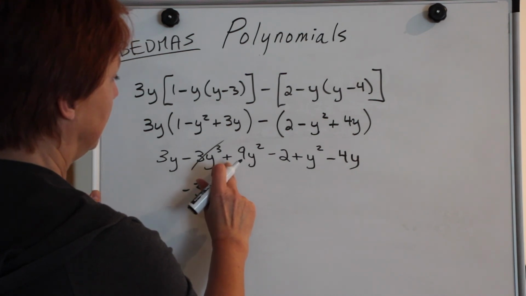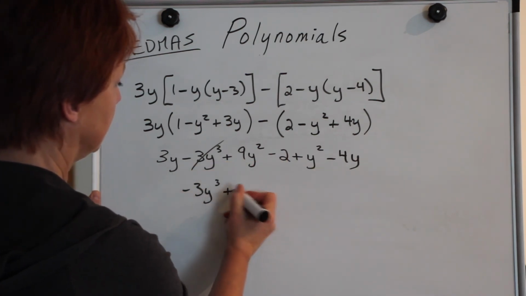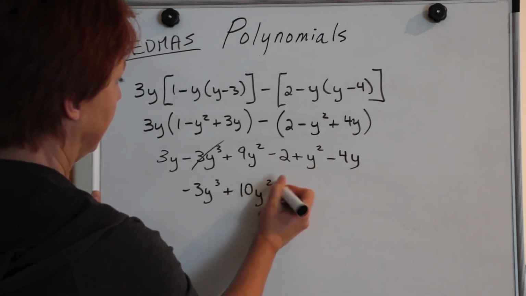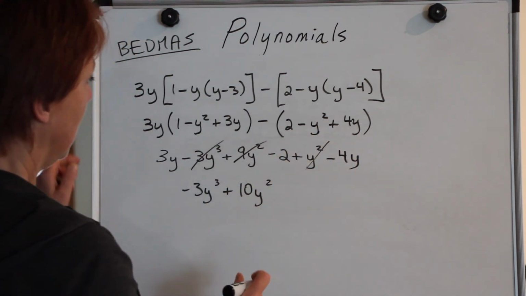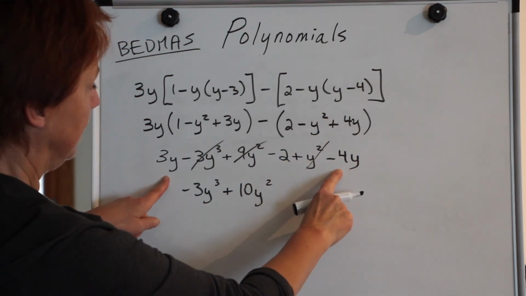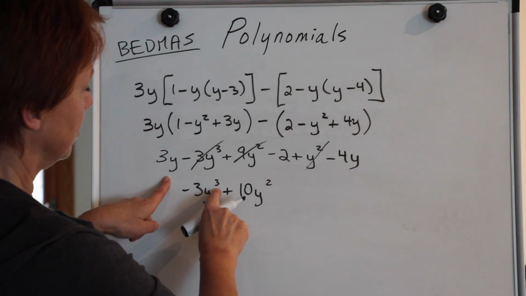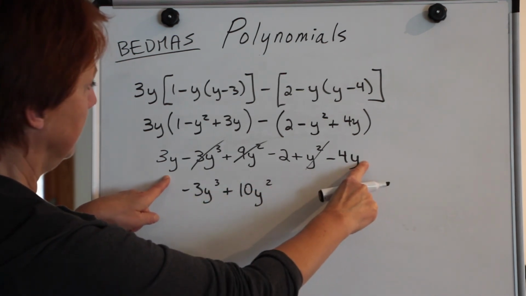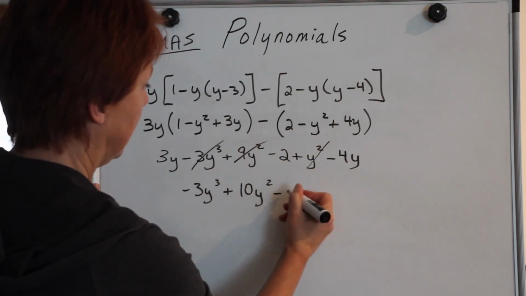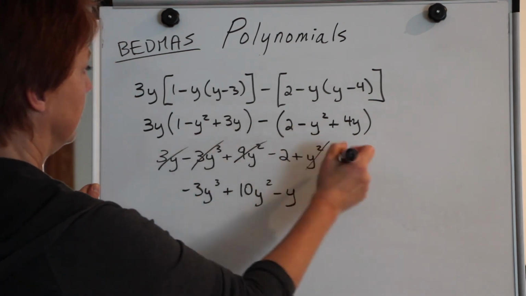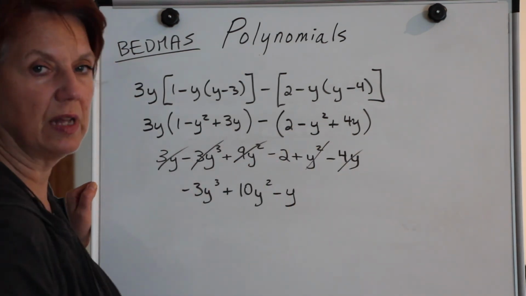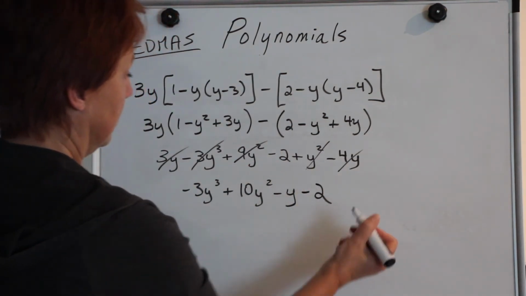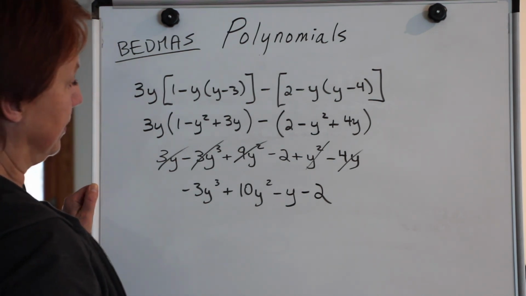So we have plus 9 plus 1, which is plus 10. So those are done. And then we've got the y terms come next, so they go in descending order of power, 3, 2, and now 1. 3 minus 4, negative 1, and those are done. And then the last one is just that minus 2. So there it is, all multiplied out.